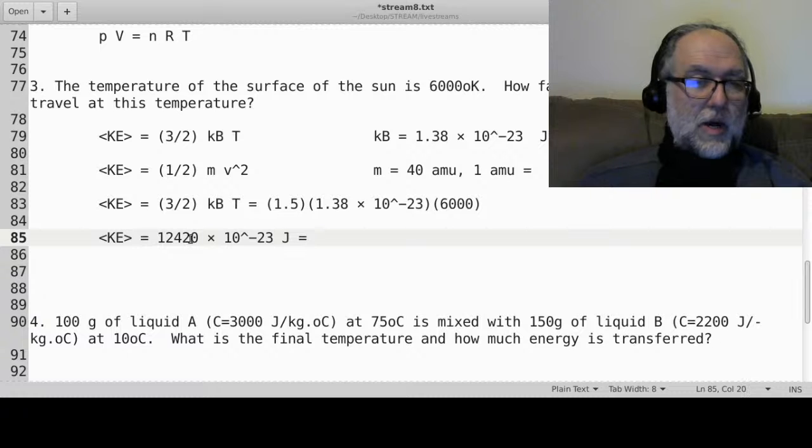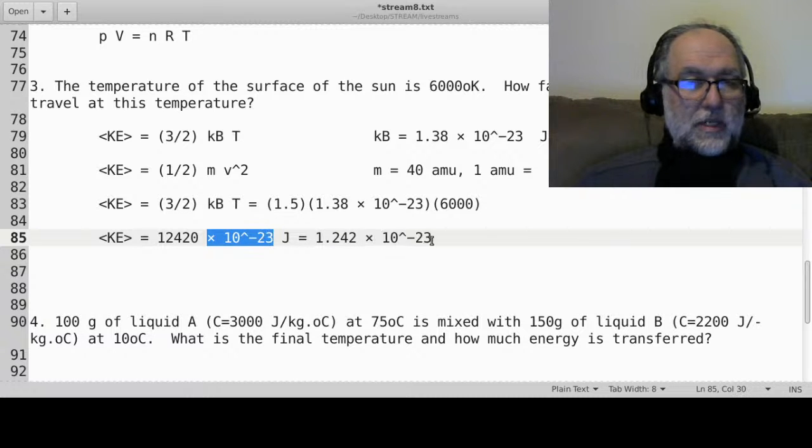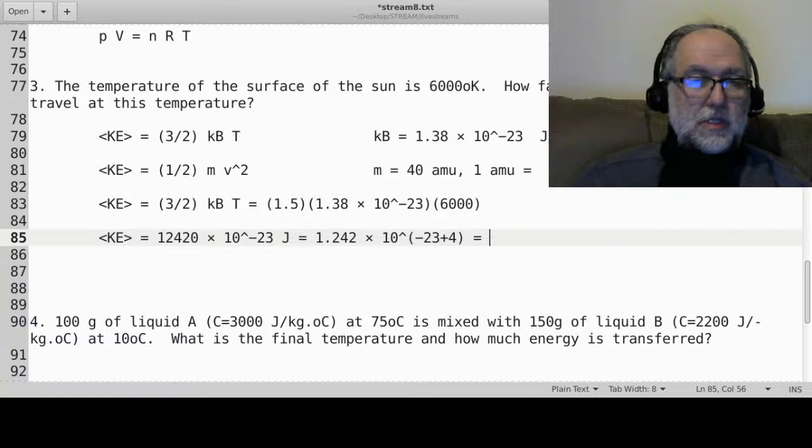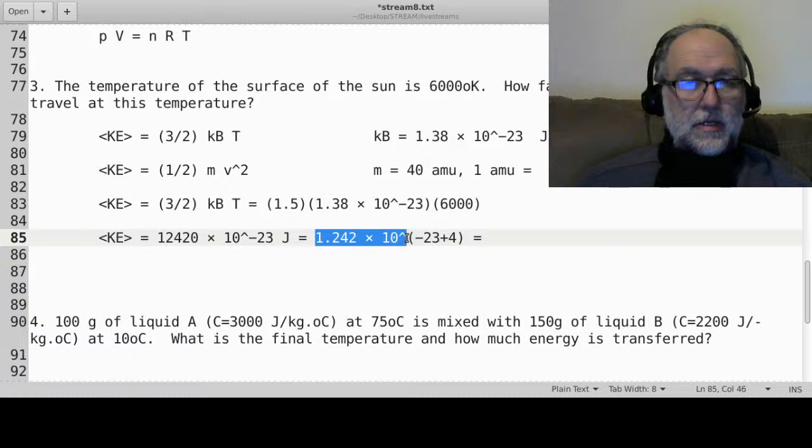If I move the decimal 1, 2, 3, 4 places to the right, then to the negative 23 I would add 4. So what's that going to equal? It's going to equal this times 10 to the negative 19.